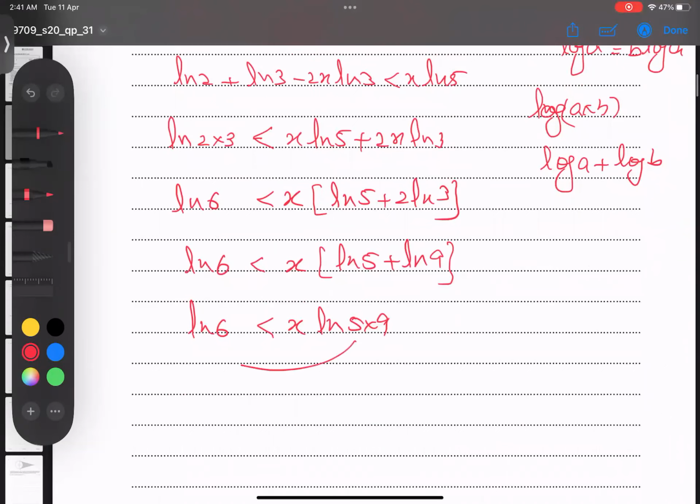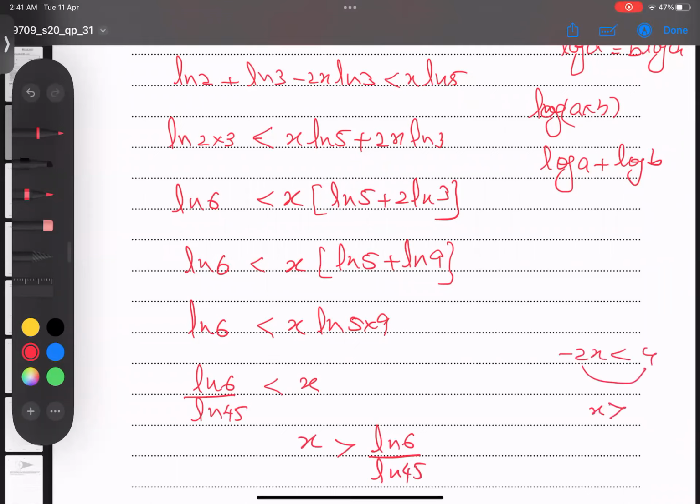And now it goes down, but make sure before dividing, sometimes what happens, students, I just tell you one thing. Okay, this is my final answer. Because you know that whenever you divide by a negative, the inequality sign flips. So the inequality sign changes, you know it.